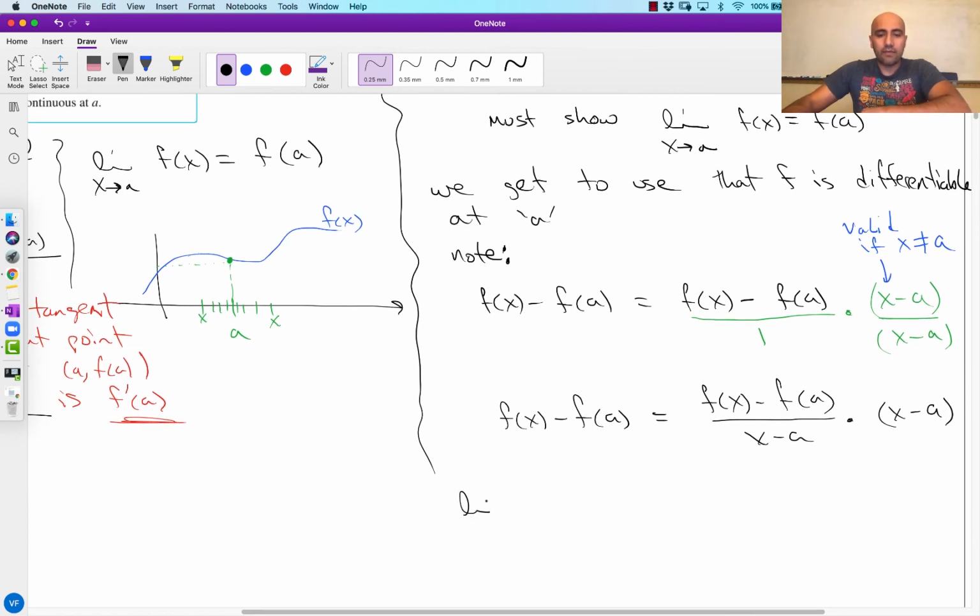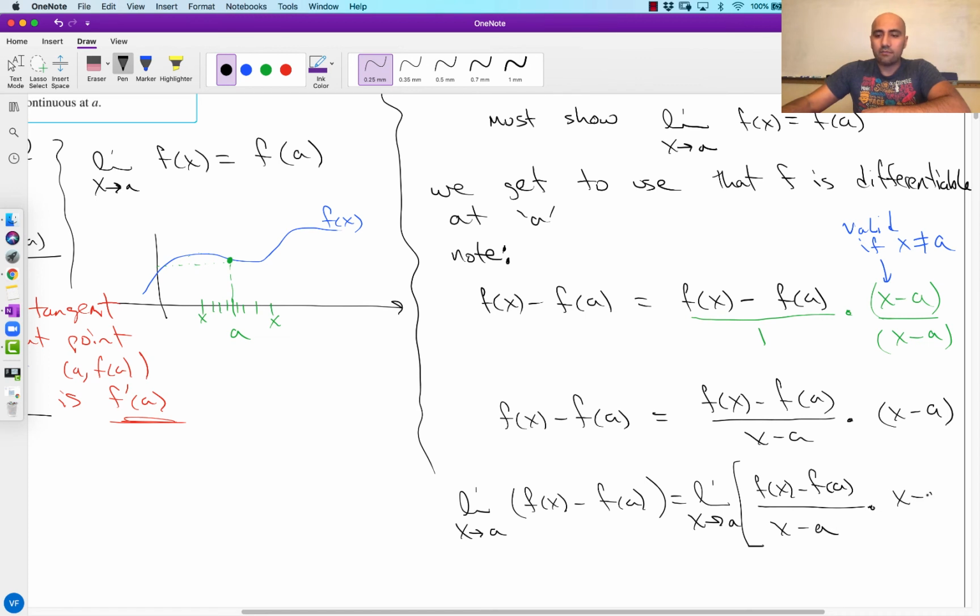Let's do the limit as x approaches a of the left-hand side, f of x minus f of a. That's going to be equal to the limit as x approaches a of f of x minus f of a all over x minus a times x minus a.